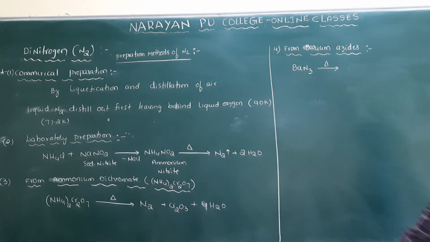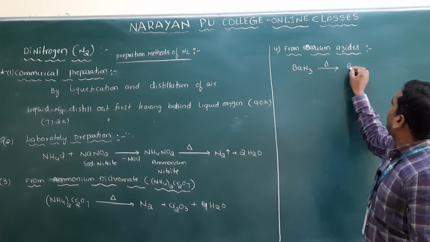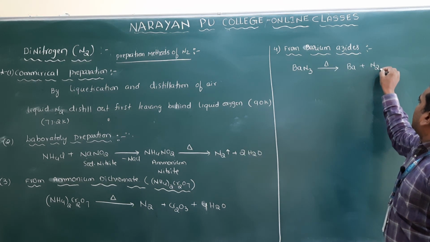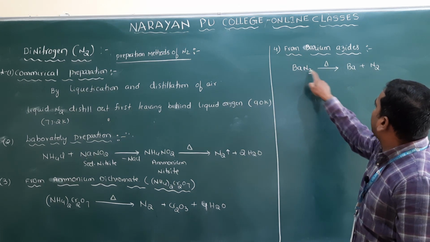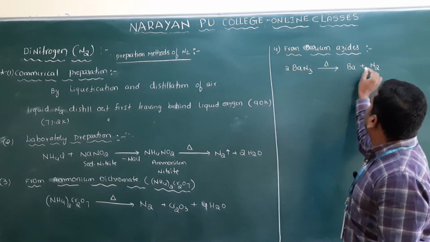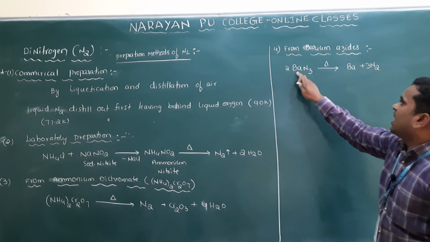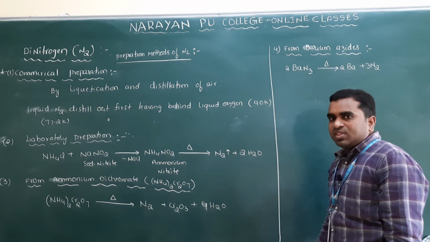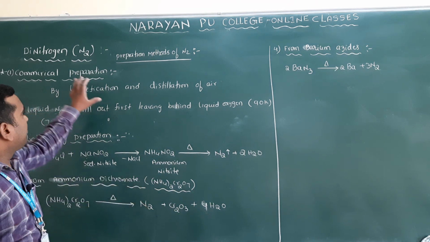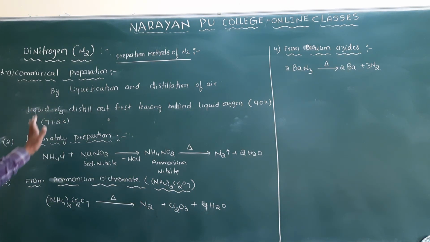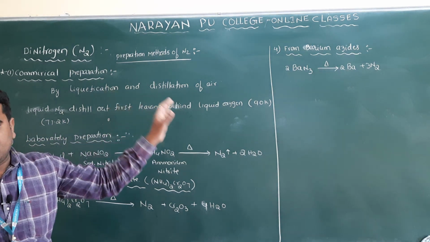If you heat barium azide, you will get barium plus nitrogen. Now barium azide has 3 nitrogens here and 2 on the other side. I will multiply this one with 2 and this one with 3. Then 2 into 3 is 6, and 3 nitrogens into 2 is 6, with 2 barium, clear? So these are the preparations of nitrogen by the different methods: commercial preparation, laboratory preparation, from ammonium dichromate and from barium azide.